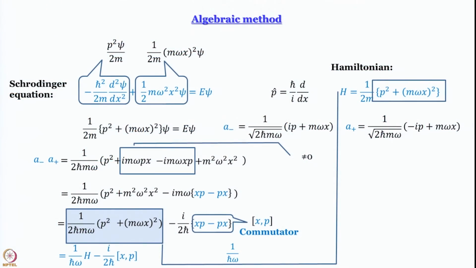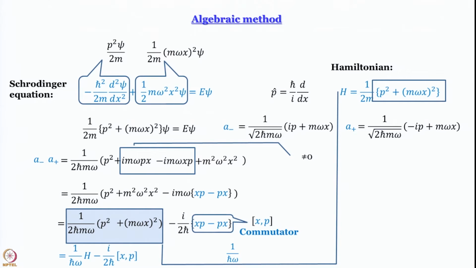We are going to write it as this x comma p in third bracket and we are going to now on just read it as the commutator of x and p. So, this is your product a minus a plus 1 by h cross omega h minus I by 2 h cross multiplied by commutator of x and p.